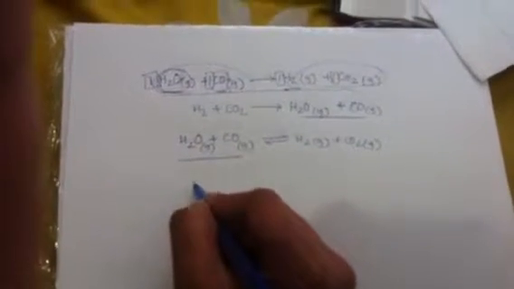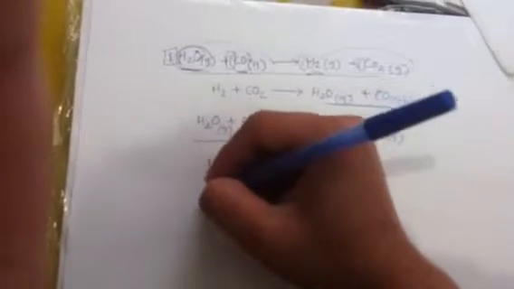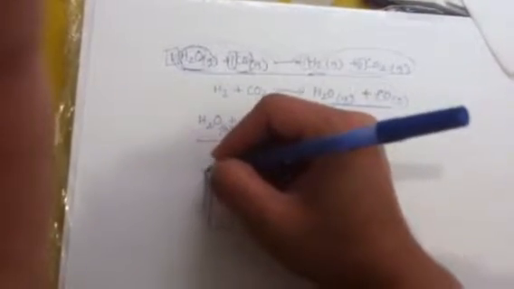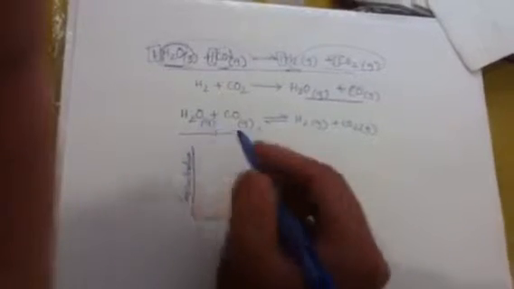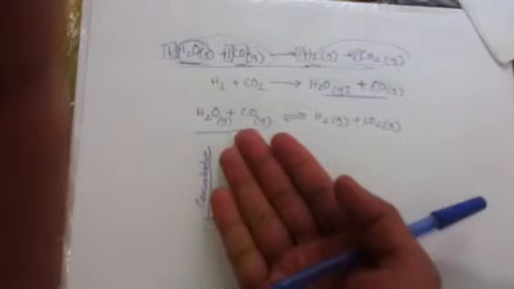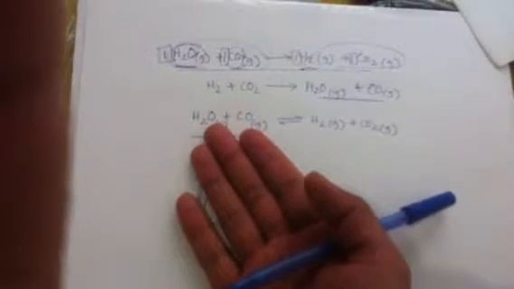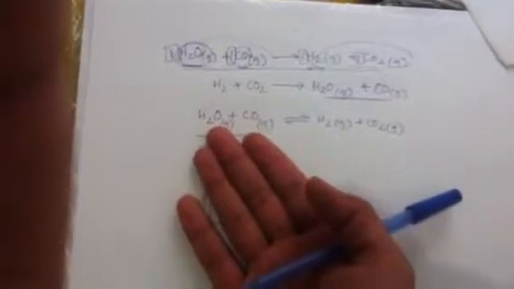If I make a graph, the x-axis is my time, and the y-axis is my concentration. At the beginning of the reaction, I have a lot of H2O, 1 mole.